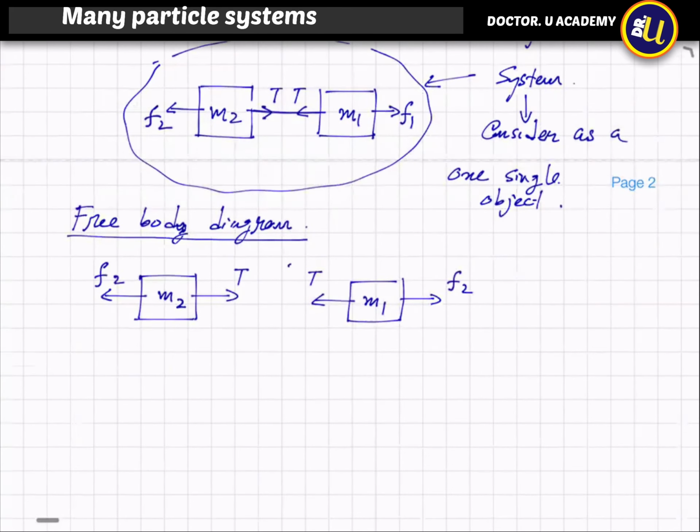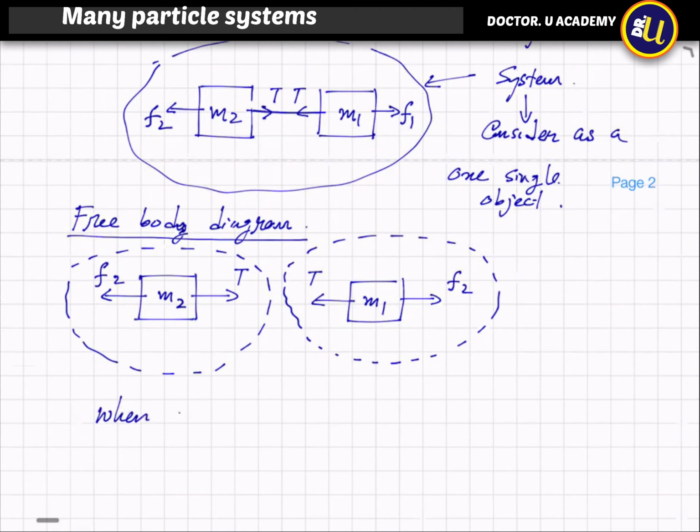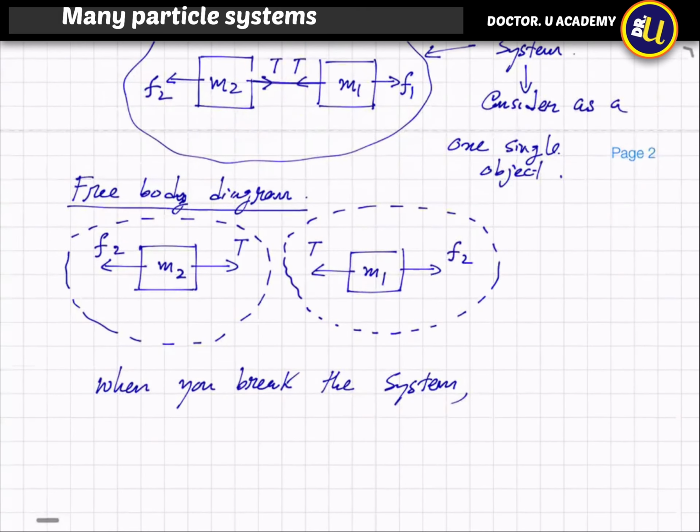Now when you consider this mass and the other mass, the tension forces are considered to be external forces. When you break the system, internal forces become external forces.